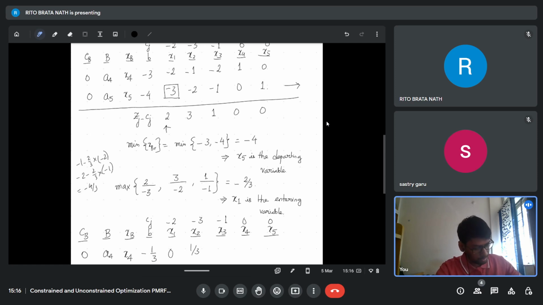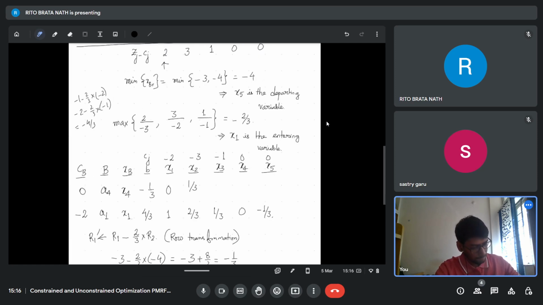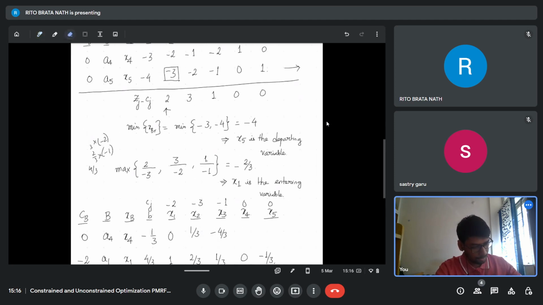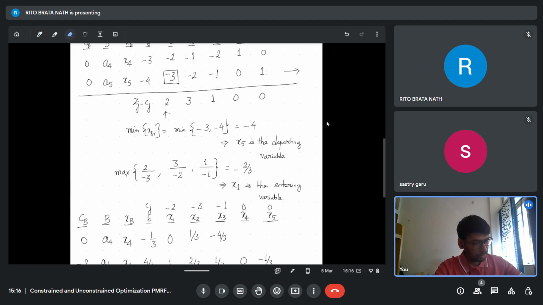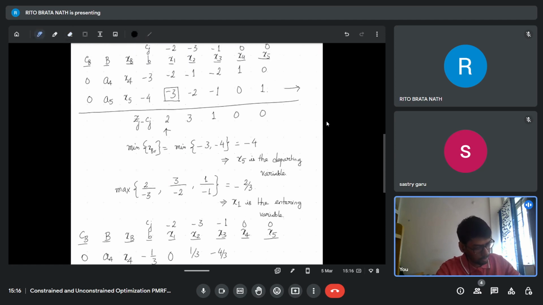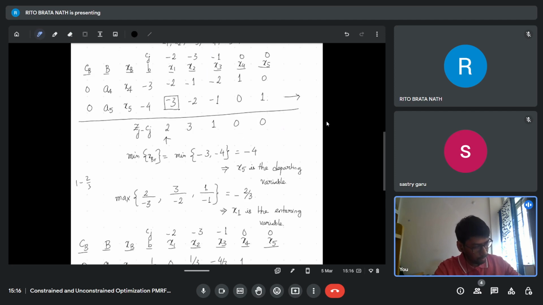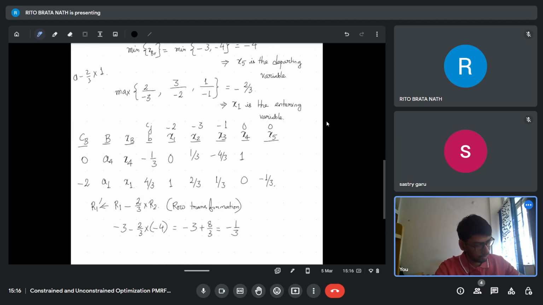Yeah, so this is also fine. Let me erase this. Yeah, two more calculations to be done here. So that's 1 by 3 times 1 minus. Okay, so this will remain as 1. And the final one is 0 minus 2 by 3 times 1. So this will remain as minus 2 by 3.